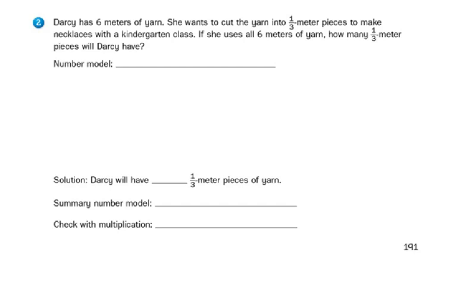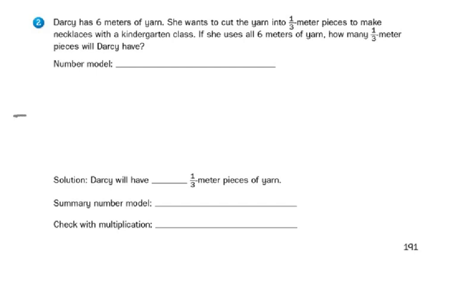Number 2, Darcy has 6 meters of yarn. She wants to cut the yarn into 1/3 meter pieces to make necklaces with a kindergarten class. If she uses all 6 meters of yarn, how many 1/3 meter pieces will Darcy have?